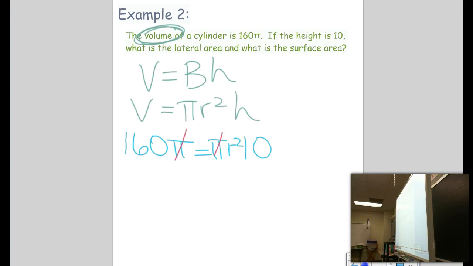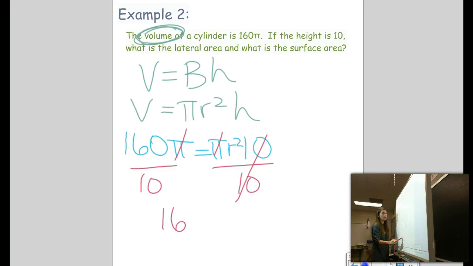We want to get R. What's the opposite of times 10? Division. Divide by 10. Thank you, Kendall. So we're going to get rid of this 10. We want R all alone. 160 divided by 10. Well, that's easy.